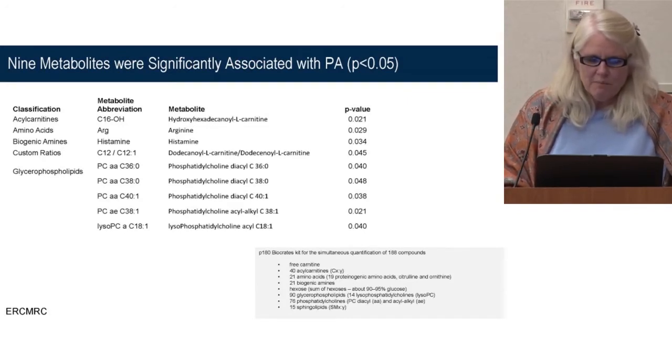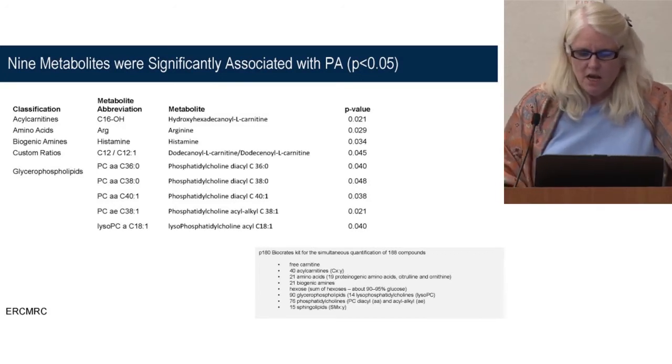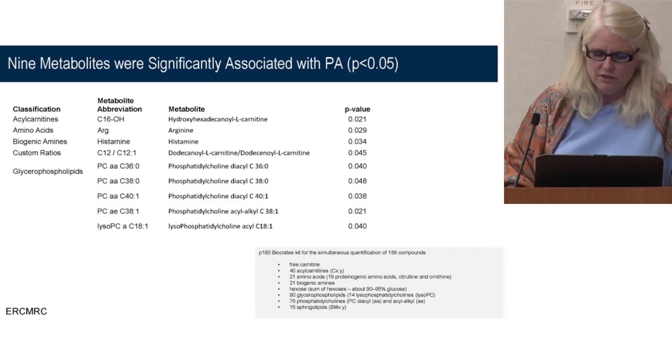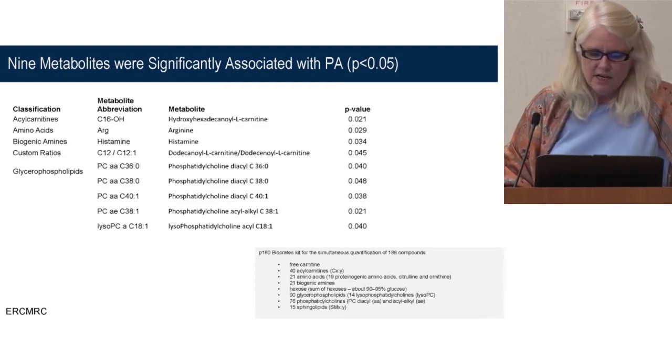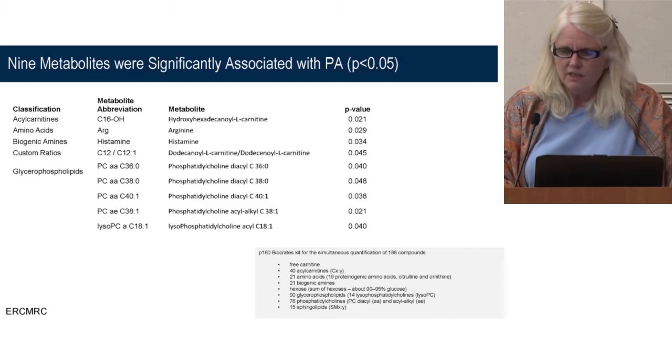There were 9 metabolites that were significantly associated with the presence of placental abruption. And we did a targeted method for 188 compounds on this study that ranged across carnitines, amino acids, amines, glycerophospholipids, phosphatidylcholines, and sphingolipids.